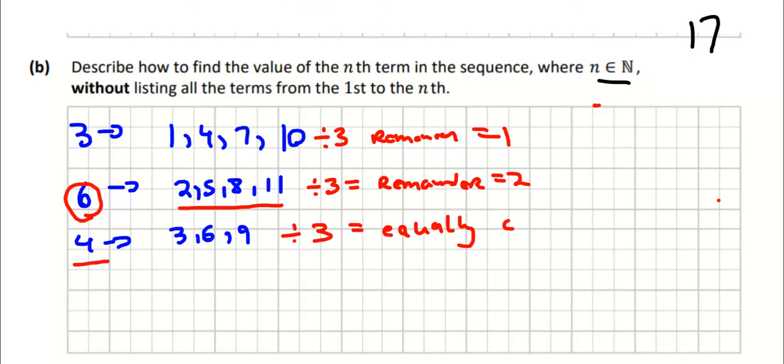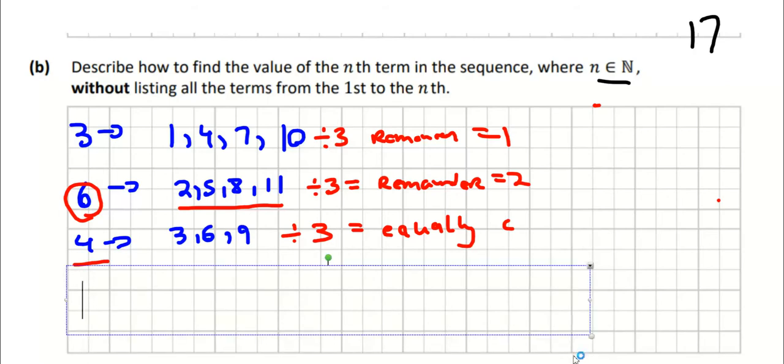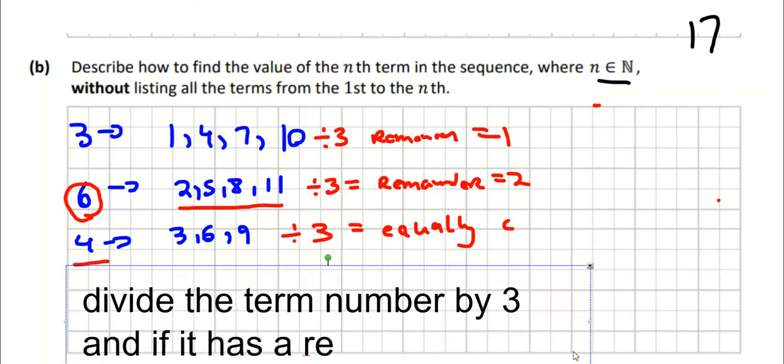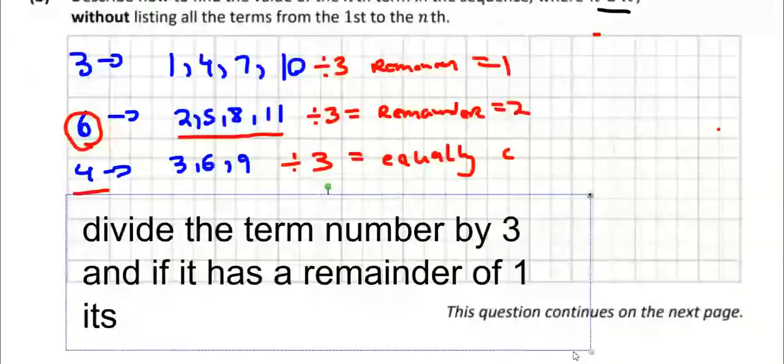so we'll write this out in graph. Divide the term number by 3, and if it has a remainder of 1, it's a 3.